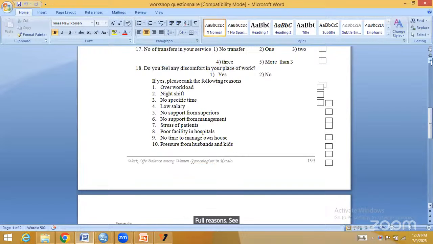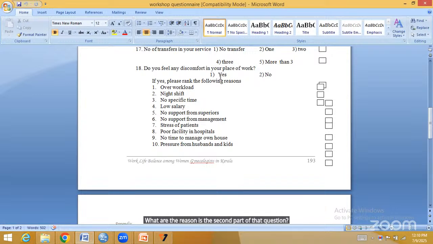See, question number 18, part 1: do you have any discomfort in your workplace? Yes or no? This is a categorical scale, nominal scale. If some of the gynecologists say yes, definitely they have discomfort. What are the reasons is the second part of that question.